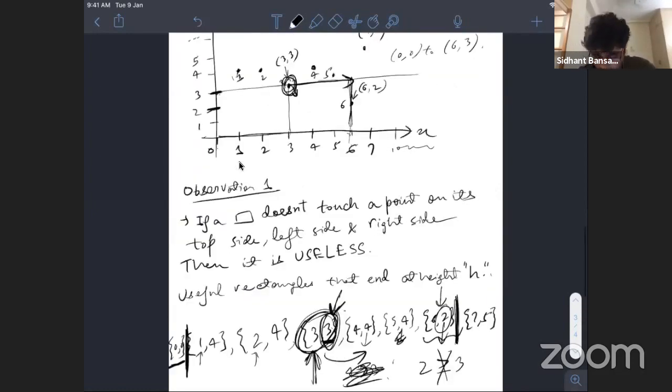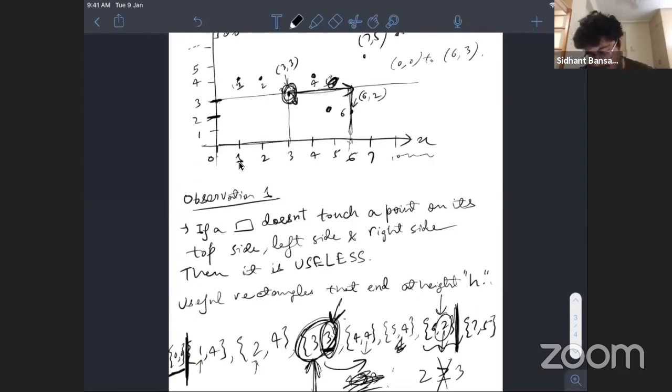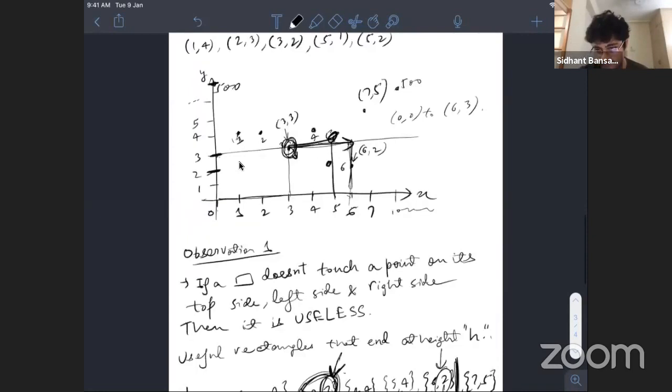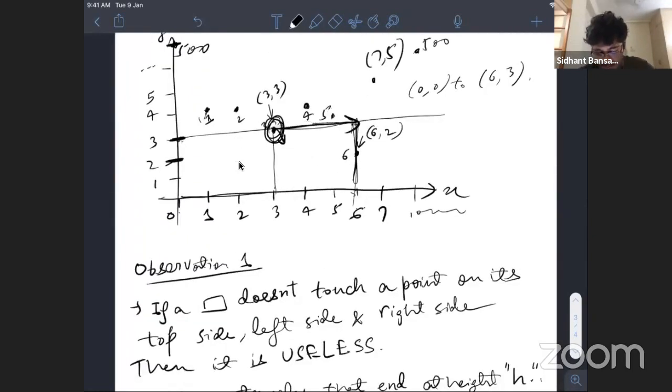Had this point been here, then our bottleneck would be here. Does everyone get this? It's slightly complicated, but I think that's the easiest way to say it. What's the point to our immediate right that has a smaller y than us? That guy will actually be the limit up till which we can extend at this height.